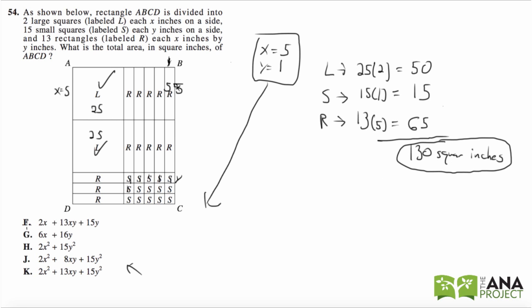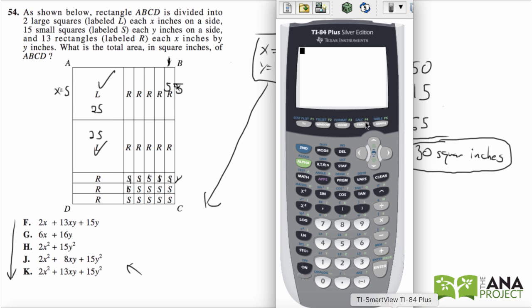So it looks like these are increasing in terms of value, so I'm going to just start in the middle here, 2x squared plus 15y squared.